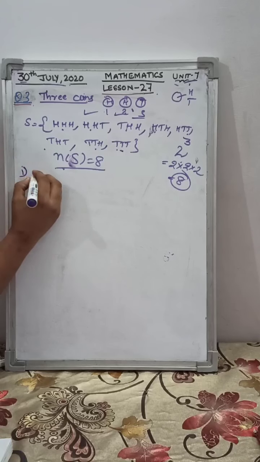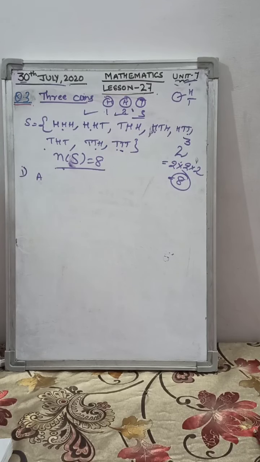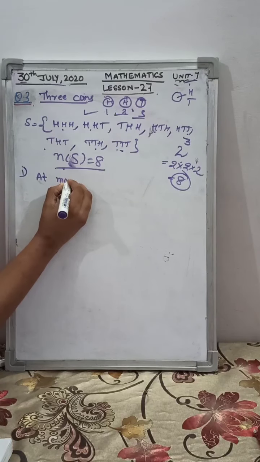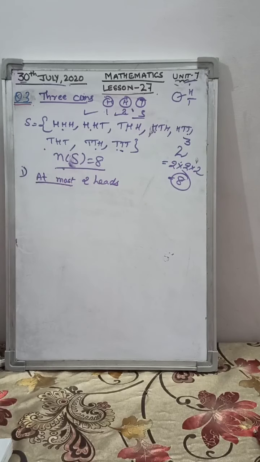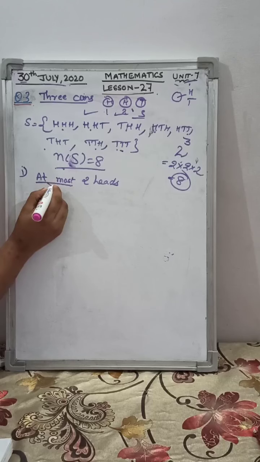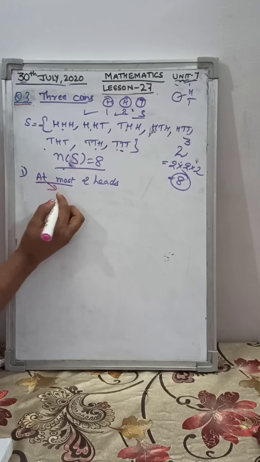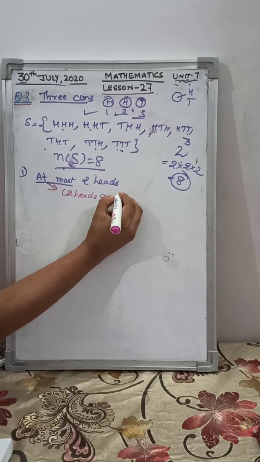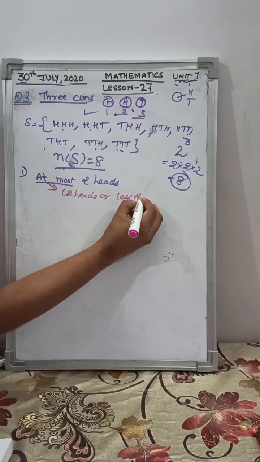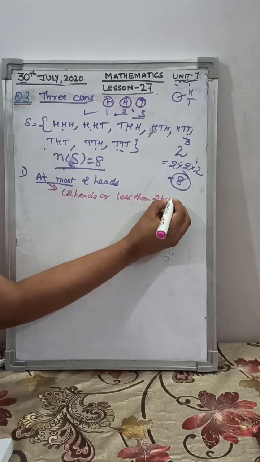Now the first part is saying you have to find the probability of at most 2 heads. What is the meaning of at most? In the probability chapter, at most means 2 heads or less than 2 heads.